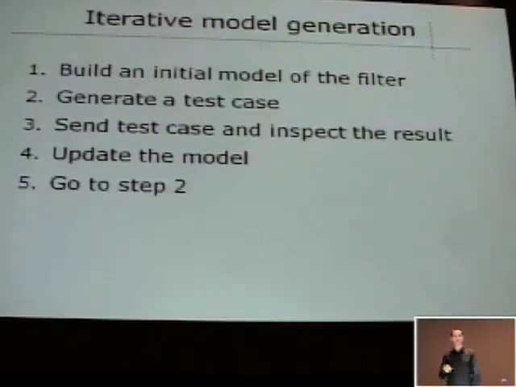If you put an element called foo, which is not a valid HTML element, and that element goes through, then the filter most likely is a blacklisting filter, because a whitelisting filter would only allow known elements, and foo is not a known element. So you use this iterative approach to update the model as you learn more based on your test cases.